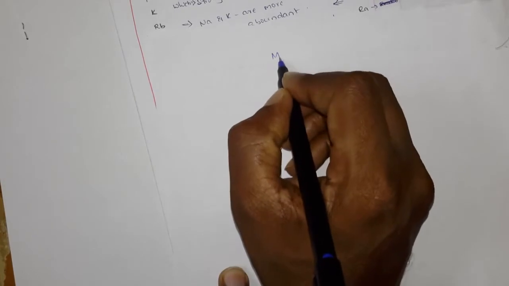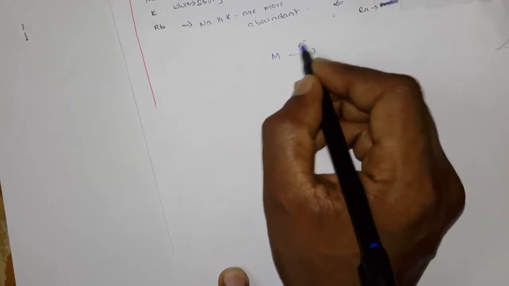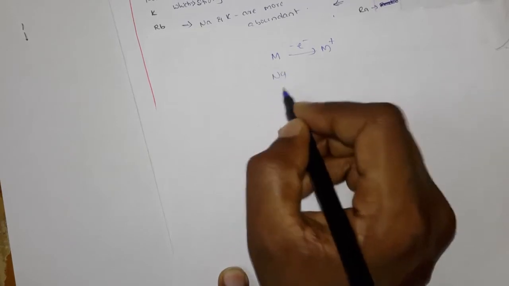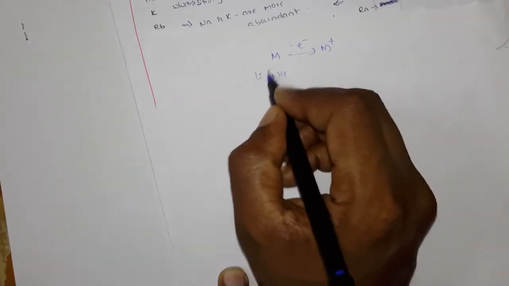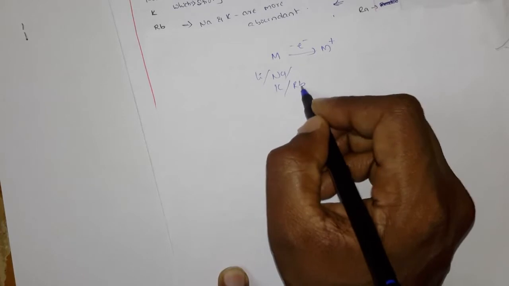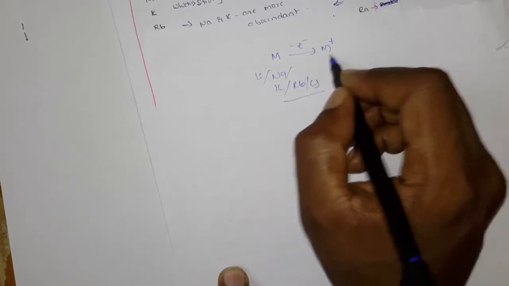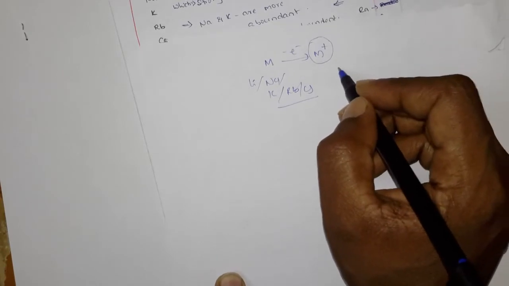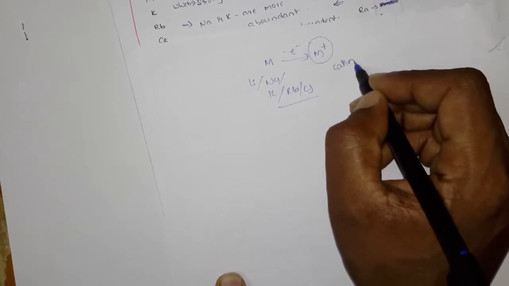So simply assume the first A group element is a metal that loses one electron and converts into M plus, whether it is lithium, sodium, potassium, rubidium or cesium. It forms a monovalent, monopositive cation.